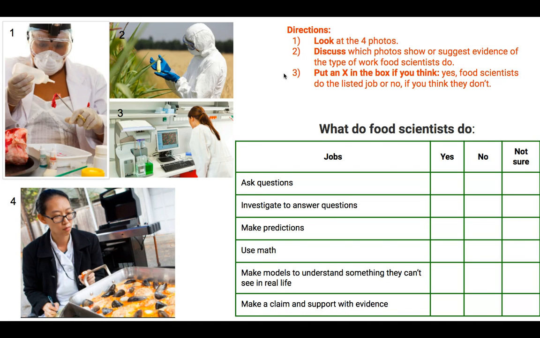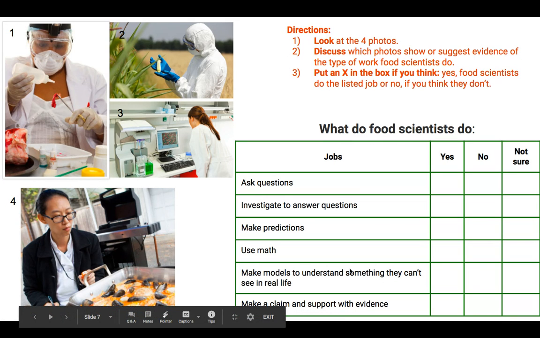Discuss which photos show or suggest evidence of the type of work that food scientists do. And then put an X in the box if you think, yes, food scientists do the listed job, or no if you think they don't. And it is okay to put an X in not sure for any category that you are not sure about.